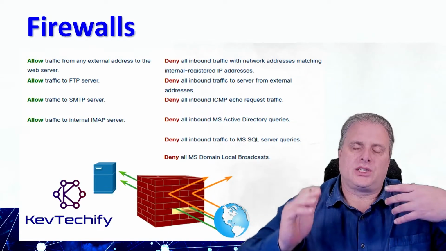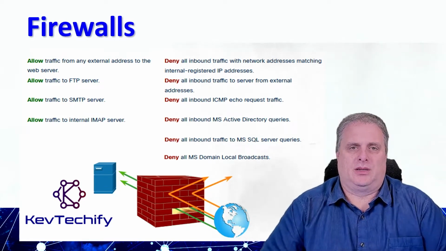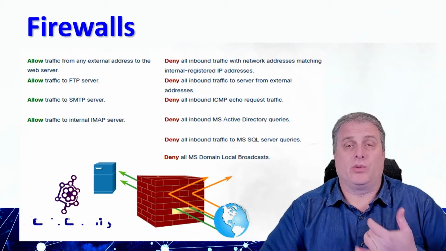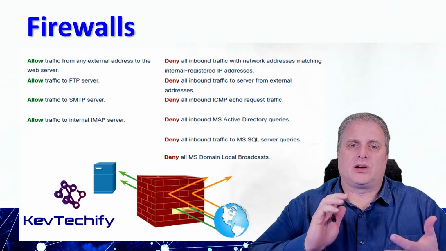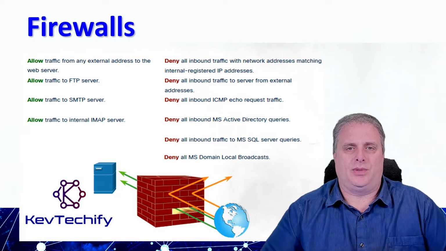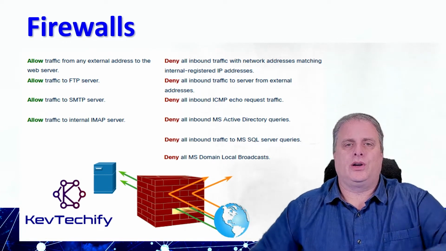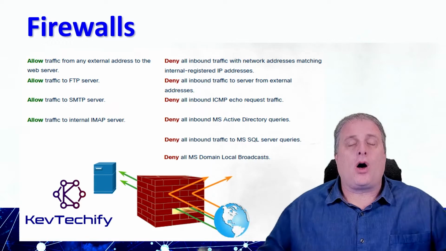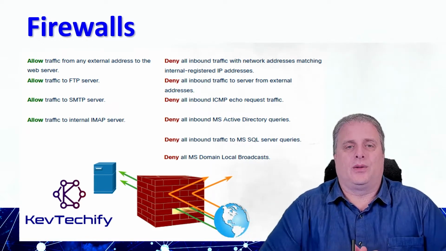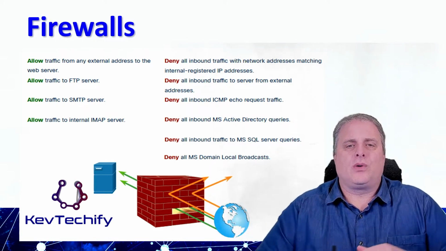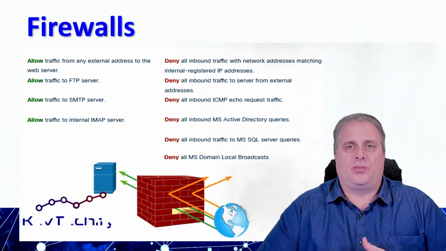All firewalls share some common properties. Firewalls are resistant to network attacks. Firewalls are also the only transit point between your internal corporate network and external network because all traffic flows through that firewall. And then finally, firewalls enforce the access control policy.